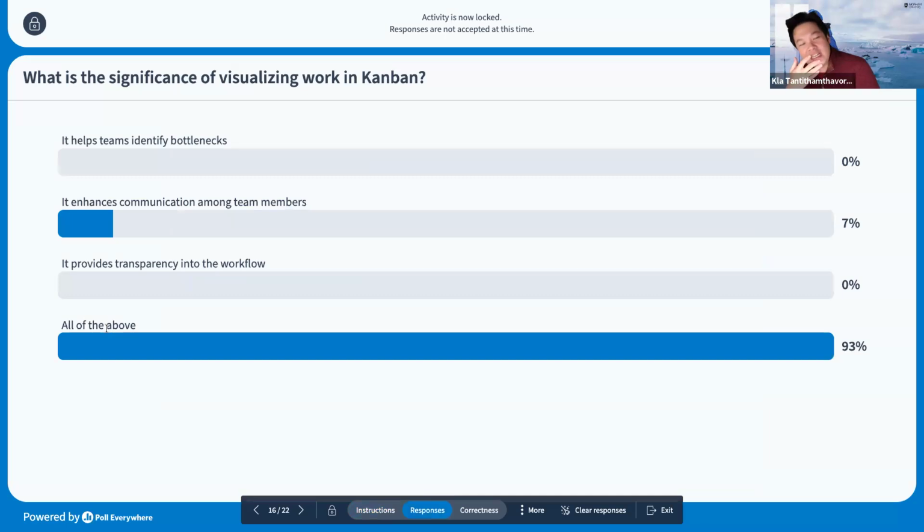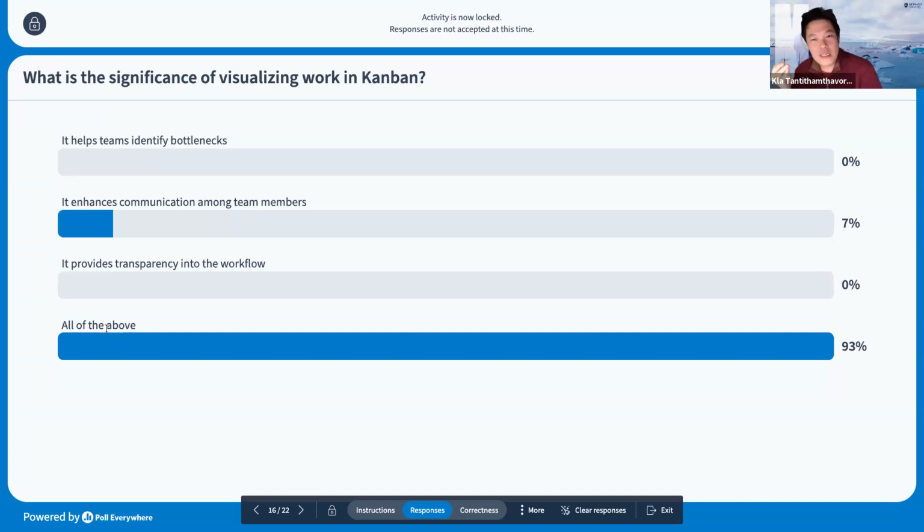Yeah, potentially yes. Okay, because when we have a backlog, we have a work in progress limit, right? Then we know where the bottleneck is and things like that. It enhances communication among the team members? Not really. I'm not too sure. Yeah, I feel that the goal of Kanban should be the transparency into the workflow.